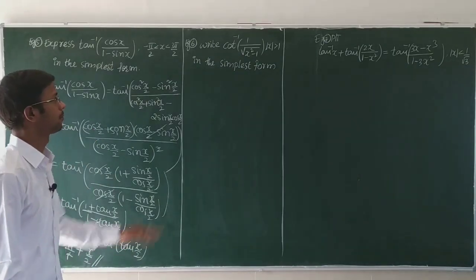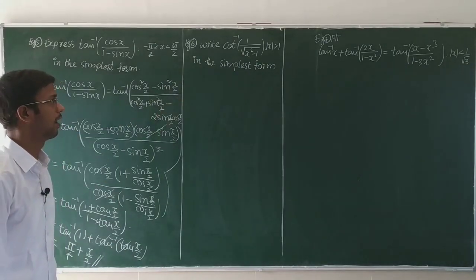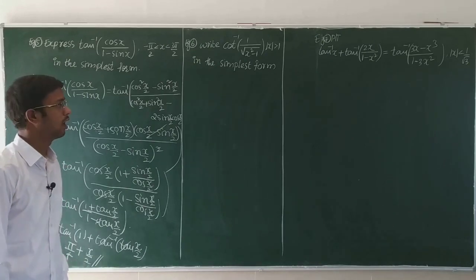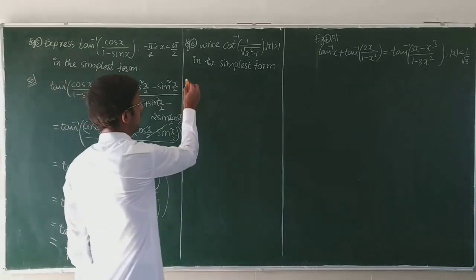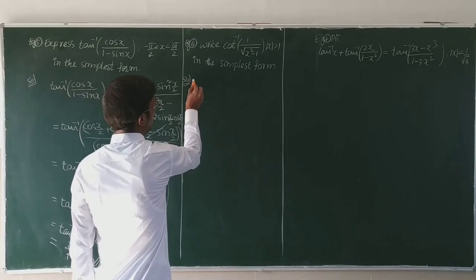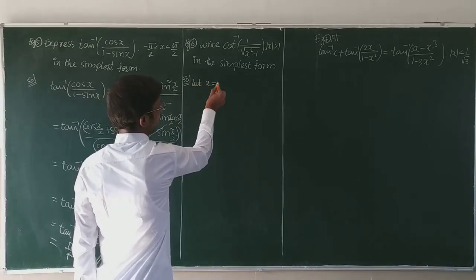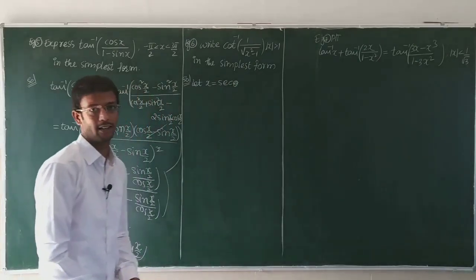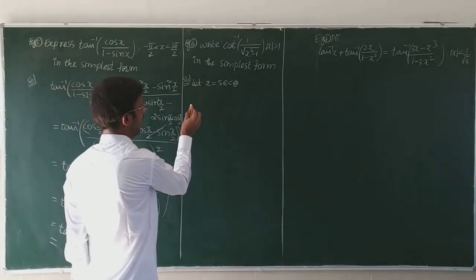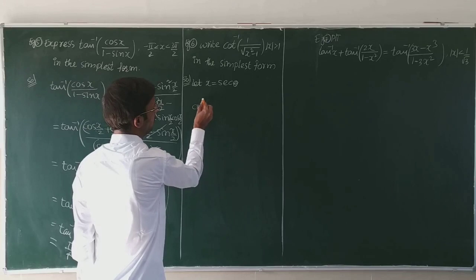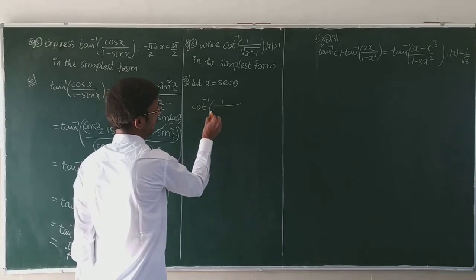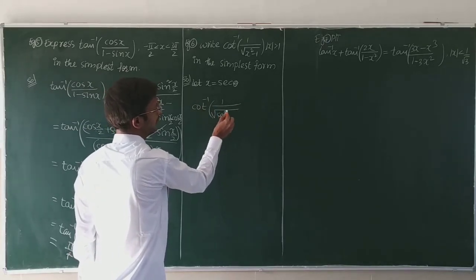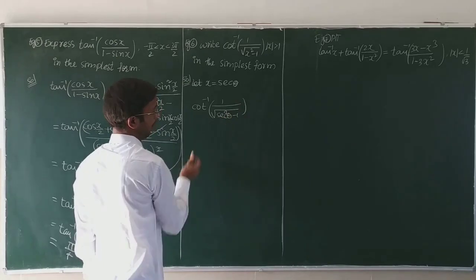Next one, cos inverse of 1 by root x square minus 1 is there. I am taking that x is equal to secant theta. Cos inverse of 1 by square root of secant square theta minus 1.